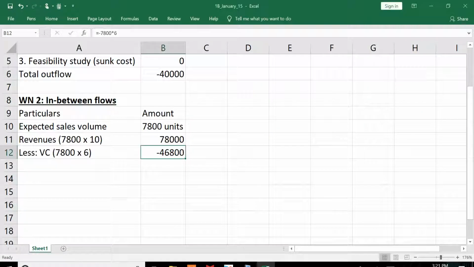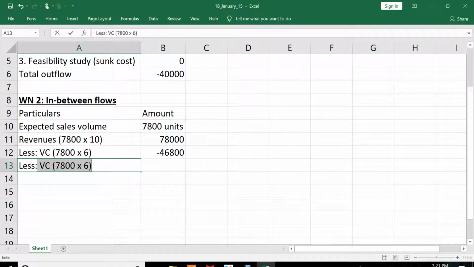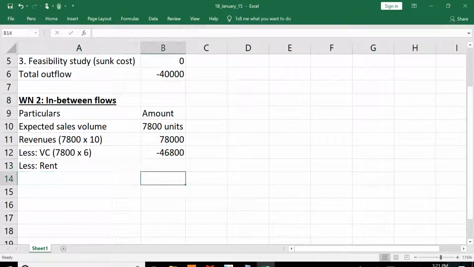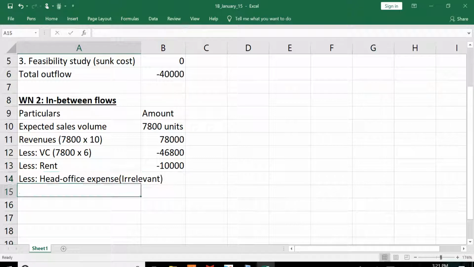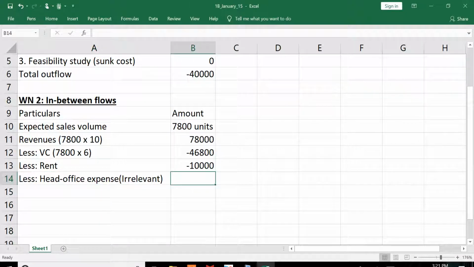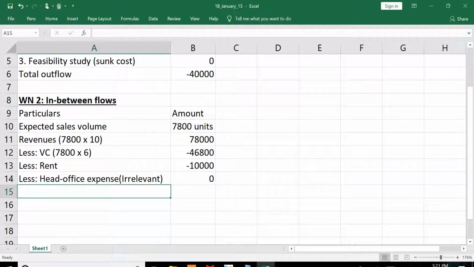So now write: less rent, 10,000. Less head office expense, irrelevant, 0, in brackets.